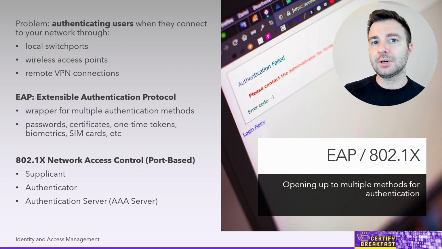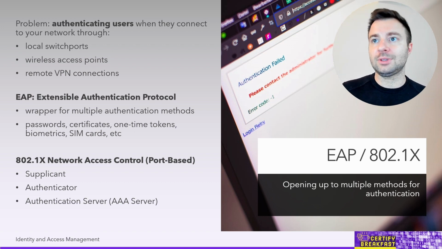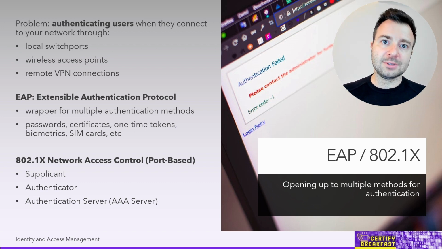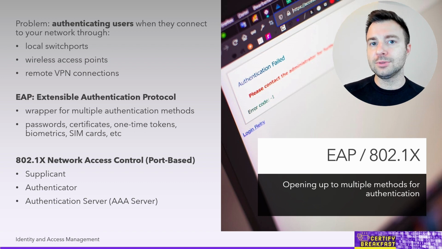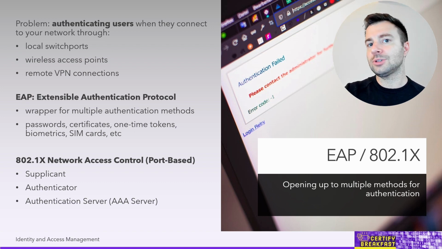And that's the actual server located somewhere where it's supposed to be reachable by the authenticator, because on the authentication server, the actual database of the users and their hashed passwords is stored. So what happens is the supplicant sends their own authentication credentials to the authenticator, like the switch, for example. The switch then contacts the authentication server, checking whether those credentials are valid.